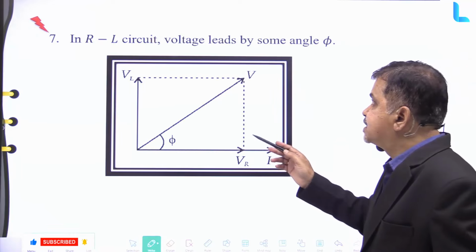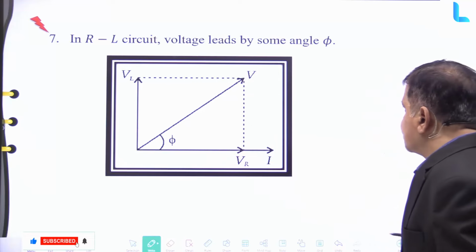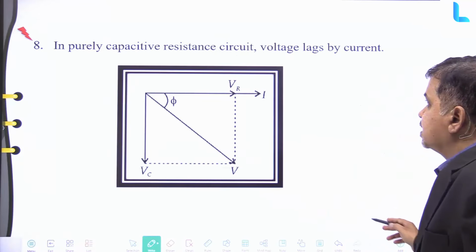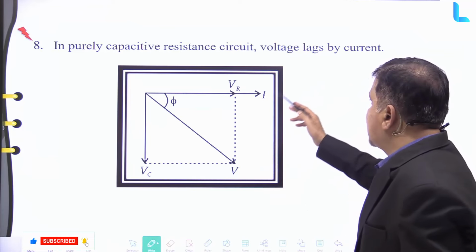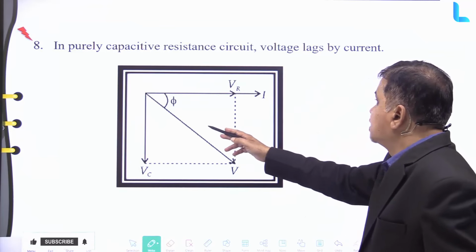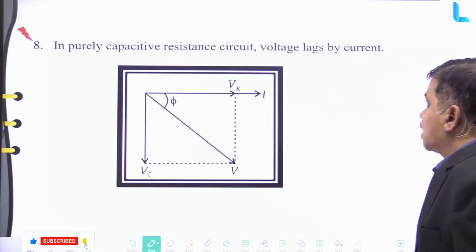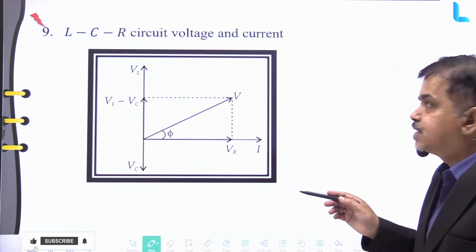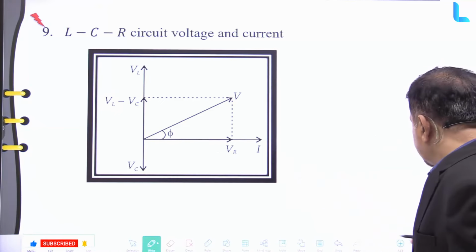In an RL circuit, the voltage leads by some angle phi, and in a purely capacitive resistance circuit, the voltage lags the current by some angle phi. And in an LCR circuit, the voltage and current variation is as shown in this graph.